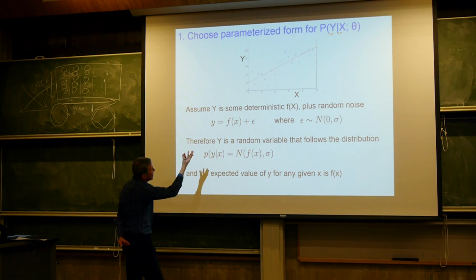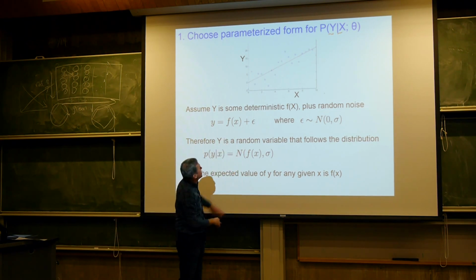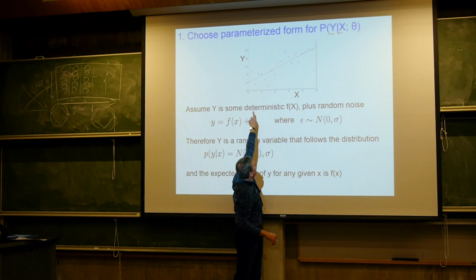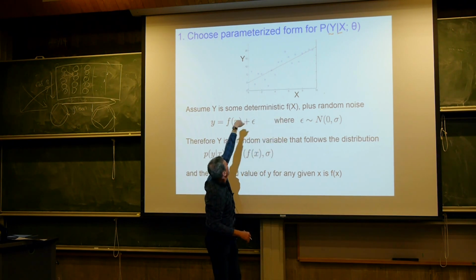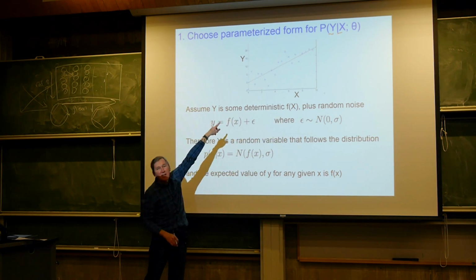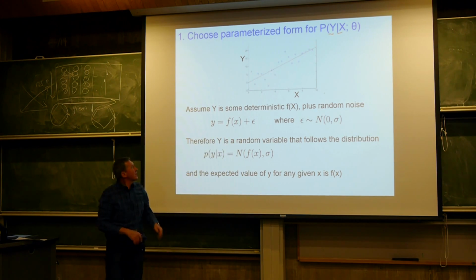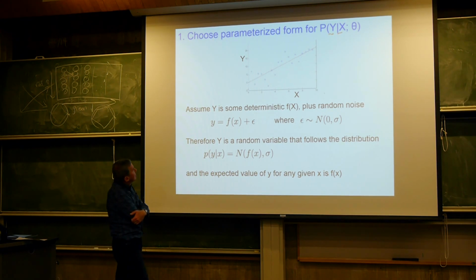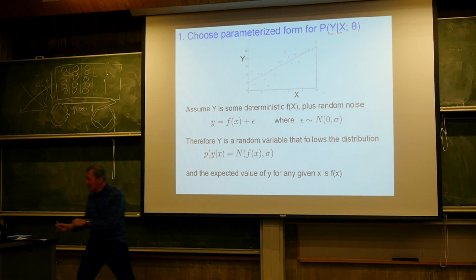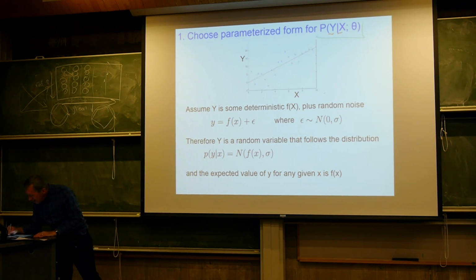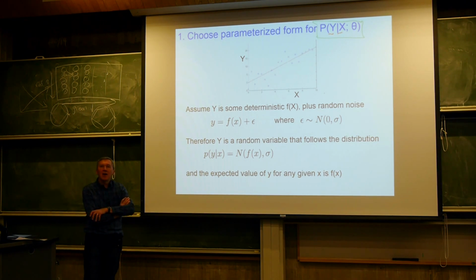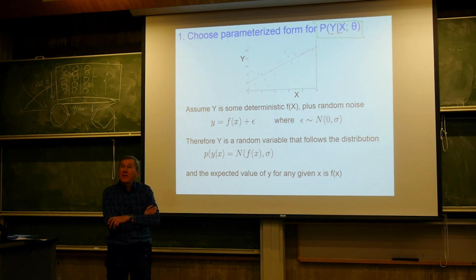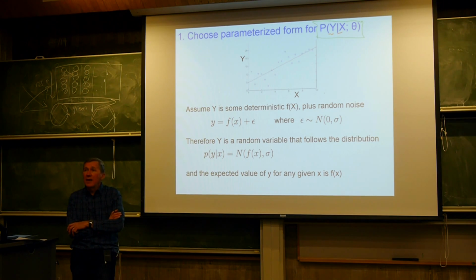Let's look at linear regression, a simple case where we just have one variable x and one variable y. I've plotted some training examples there, and I just want to learn a linear function for predicting y from x. But since we're taking this probabilistic tack, I need to make some assumption about the form of p of y given x.